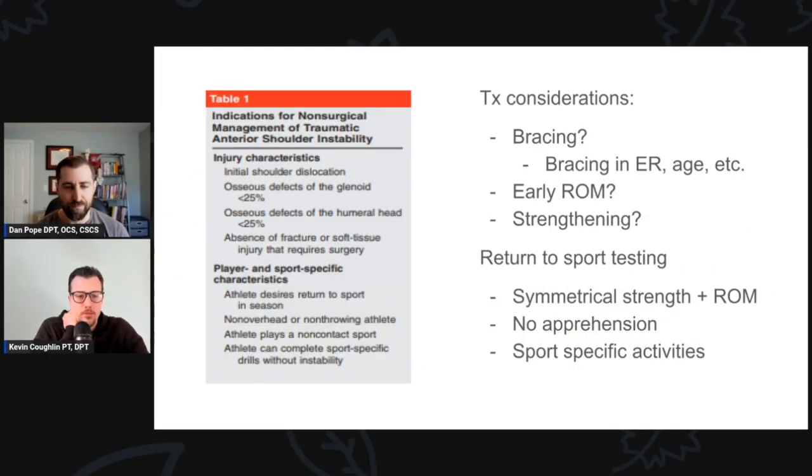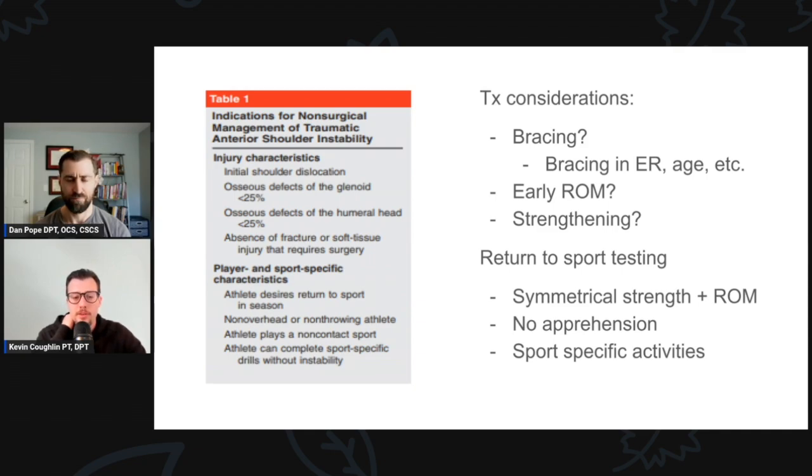All right. So we have this table here from the article, and what it's showing is indications for non-surgical management of traumatic anterior shoulder instability. Some injury characteristics that we'll see are an initial shoulder dislocation, an osseous defect of the glenoid less than 25%, so less than 25% bone loss in the glenoid rim.